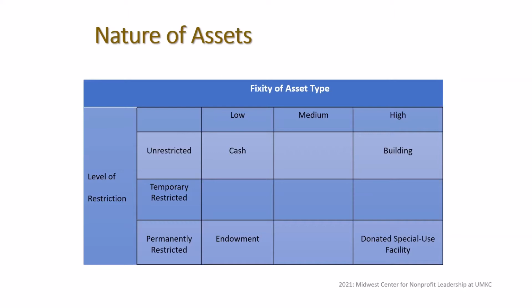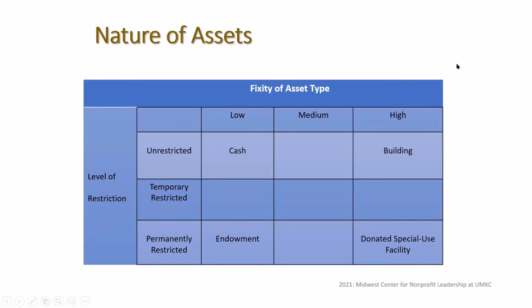They may be highly restricted and highly fixed. They could be permanently restricted in the form of an endowment. An endowment typically is going to be permanently restricted and highly fixed, at least the principal of it. So it's not like you can really tap into that if needed to take advantage of an opportunity or to solve a cash flow problem you have.